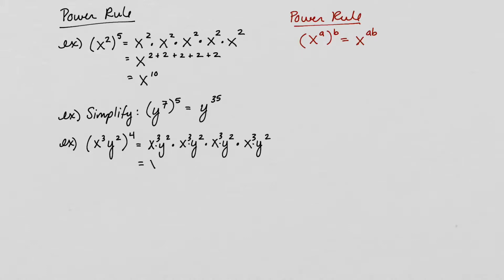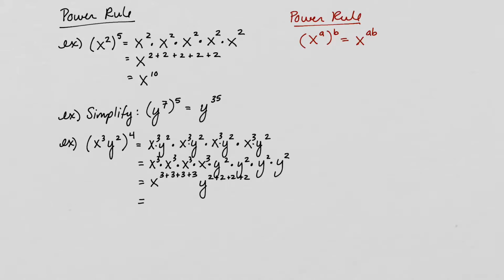So in this case, I'm going to put all the x's together since everything's multiplied. So x cubed times x cubed times x cubed times x cubed. And I'm going to put all the y's together. So y squared times y squared times y squared times y squared. And so this becomes x to the 3 plus 3 plus 3 plus 3, and then y to the 2 plus 2 plus 2 plus 2, using that product rule from 2 videos ago.